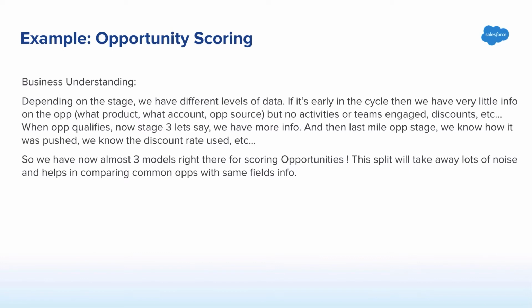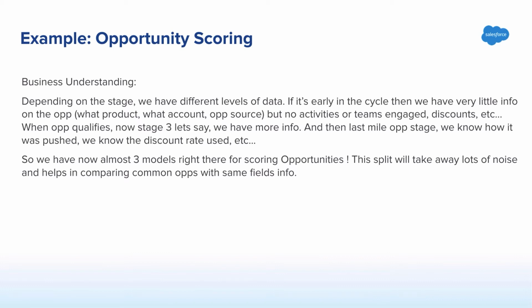Those are my typical fields, but that might not be enough by itself, because if you think about it, even opportunities are not all equal, not just because of their amounts or what we're selling with them or the accounts they're associated with, but it could be even the activity. For example, there are no activities in early opportunities. There's not a lot of information to read or to try to predict.